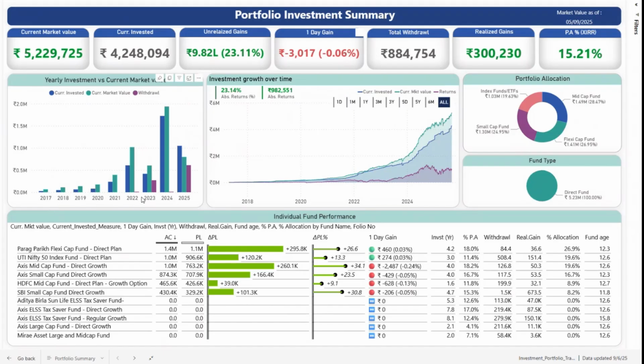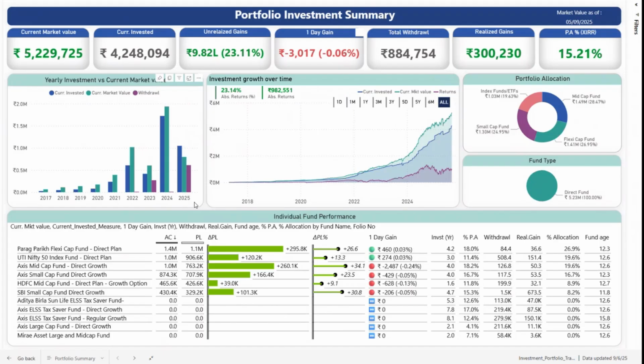Likewise, around 2022, I made almost a 7 lakh investment, and in 2021 I invested almost 3 lakh or so. In 2024 I made a very huge investment, and I also made some redemption. This helps you understand how consistently you are investing.